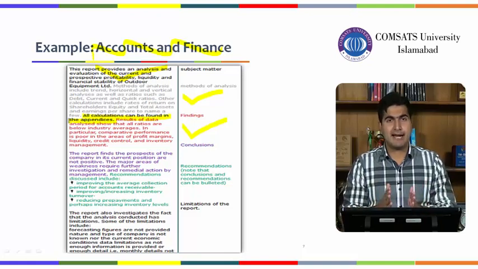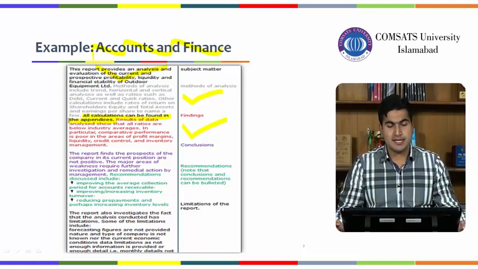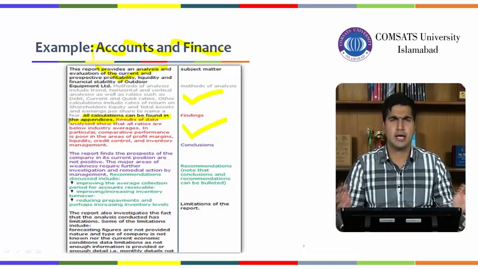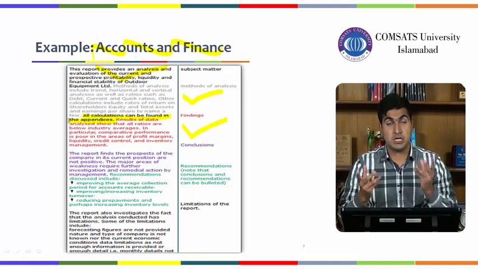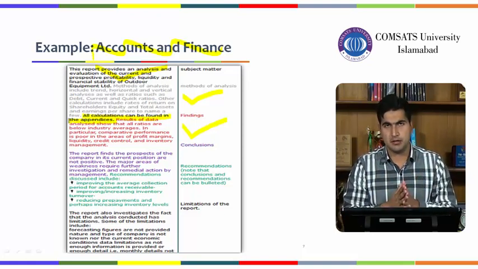Now coming back to the red text. Results of the data analyzed show that all ratios are below industry averages. In particular, comparative performance is poor in the areas of profit margins, liquidity, credit control, and so on. Now look at the way all the findings, key findings, have been clearly stated here.